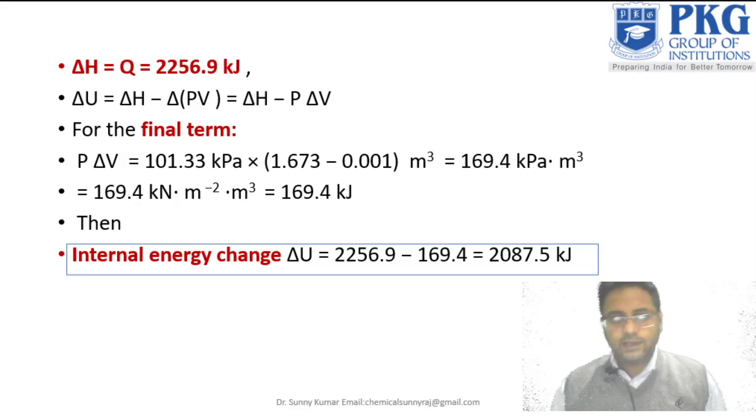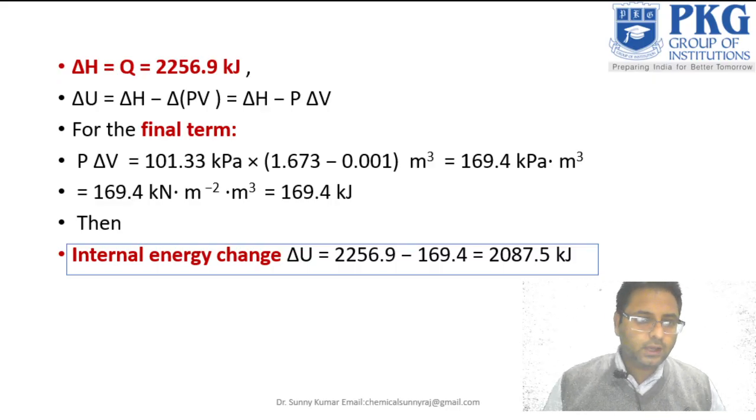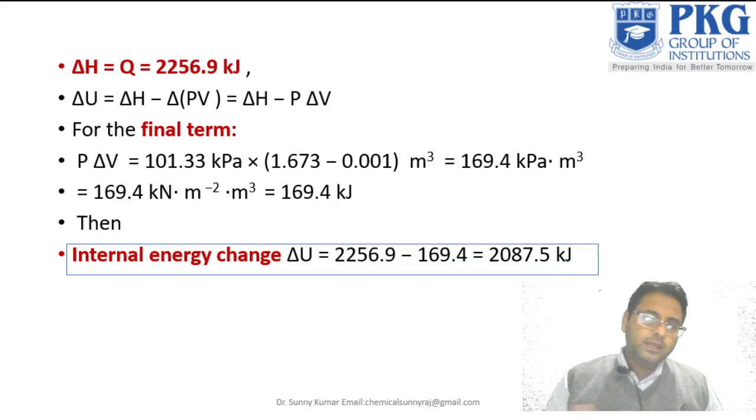So this will be the final answer. Actually in the previous question we have used the steam table, and that steam table we will discuss in the next lecture. If you have any doubt about the steam table, in the next lecture we will describe that.